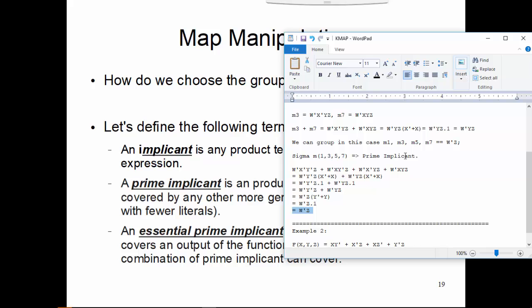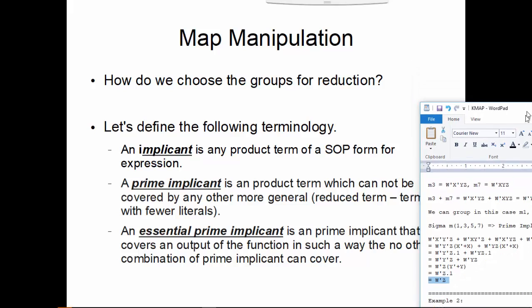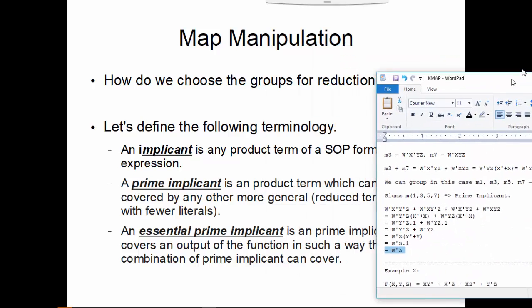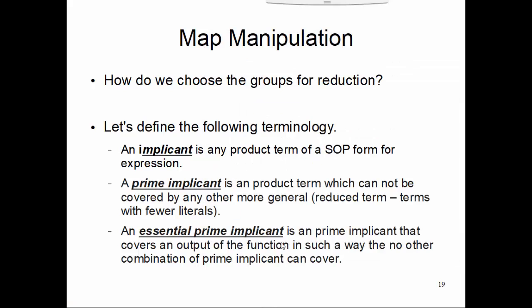Now, an essential prime implicant is a prime implicant. So it starts with a prime implicant. It's a maximal group which covers the output function in such a way that no other combination of prime implicants can cover it. So it covers at least one minterm which is not covered by any other prime implicant.